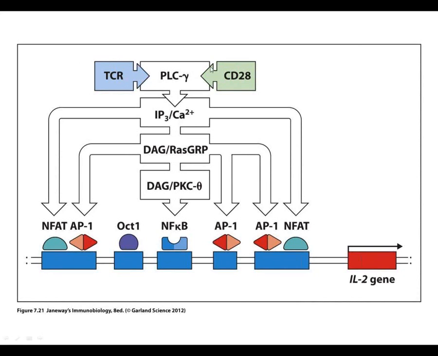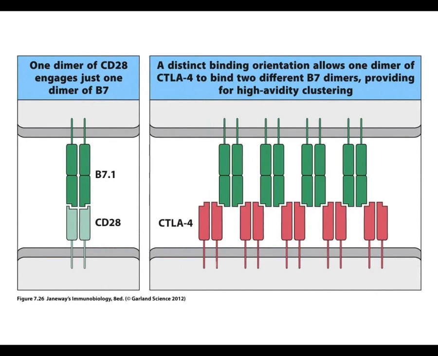And then CD28, right, is going to also activate phospholipase C, which is going to generate some PIP2, IP3, and DAG. And the IP3 and DAG are going to, through the pathways we discussed, get these transcription factors going, NFAT, AP1, and NF-kappa B.